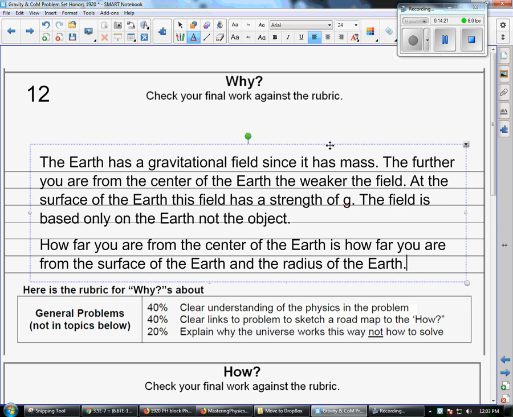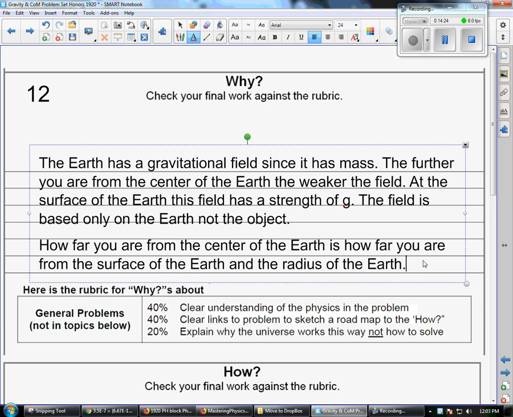Because what's it called that describes how far you are from the surface of the Earth? What's the word for that? Like you get in a plane. Altitude. So how far we are from the center of the Earth is whatever altitude we're at plus the radius of the Earth. All right?